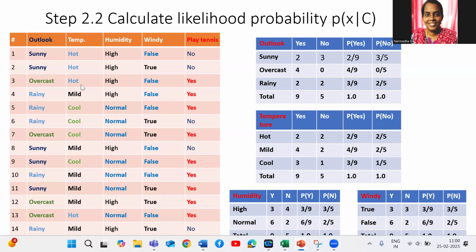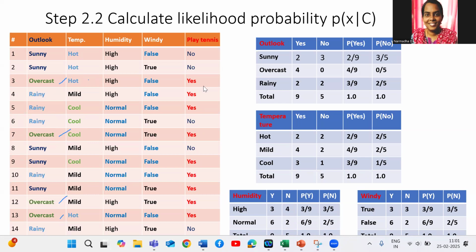Now coming on to the next value for the feature outlook, it is overcast. So when the day was overcast, how many observations do we have? We have 1, 2, 3, and 4.